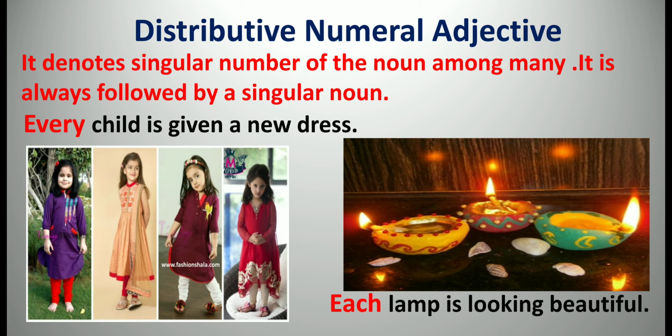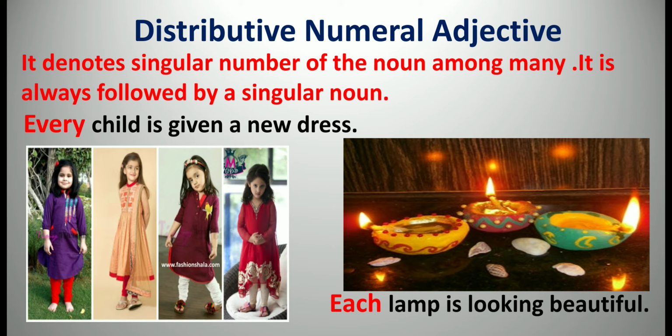The third kind, that is the distributive numeral adjective, denotes singular number of the noun among many. It means it refers to each and everyone separately in a group of many. It is followed by a singular noun.